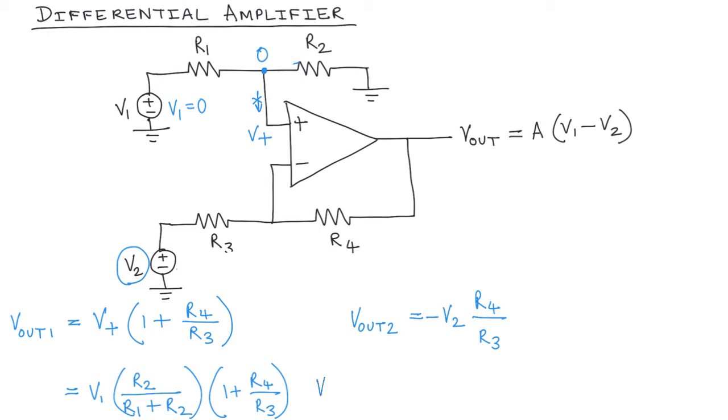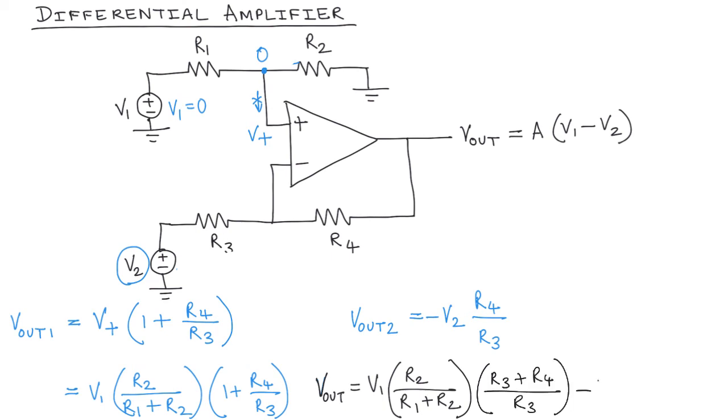V out equals V1 times R2 over R1 plus R2, and I'm going to modify this equation a little bit so that we can write it like this: times (R3 plus R4) over R3, minus V2 times R4 over R3.